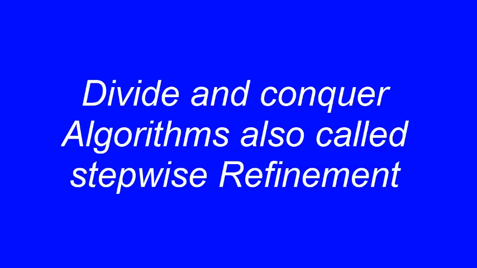Independently solve all the sub-instances and then combine the sub-instance solutions so as to yield a solution for the original instance. You have a given problem, you divide it into smaller sub-problems, then you solve those sub-problems separately, then you bring together their solutions in order to get the solution of the original problem which you have.